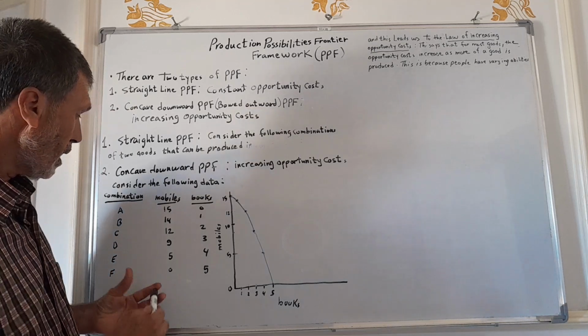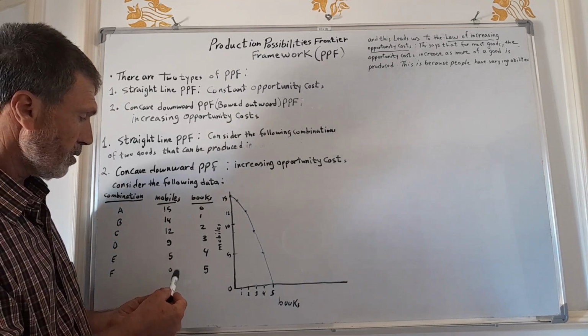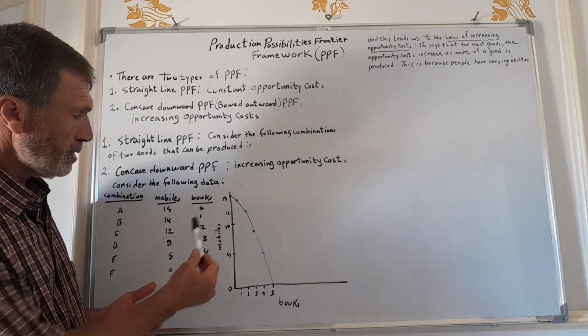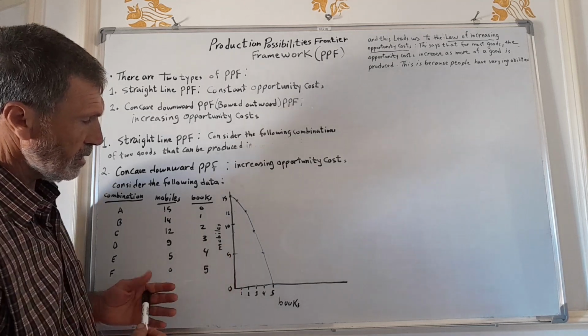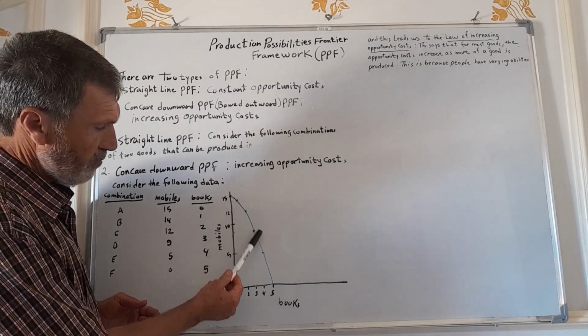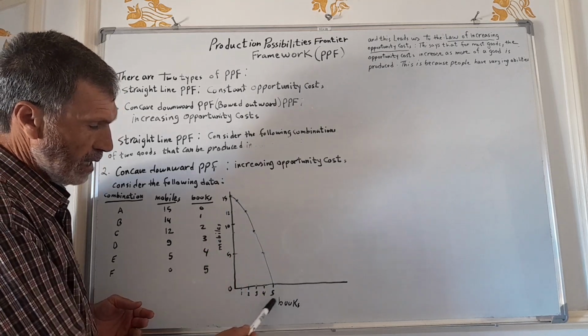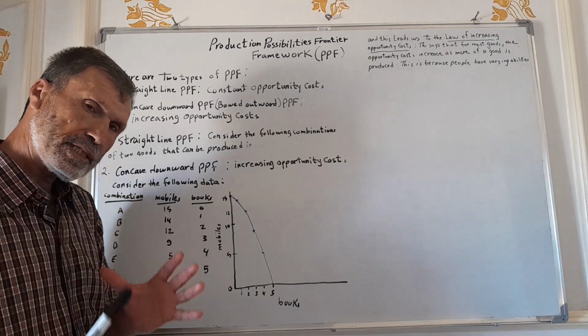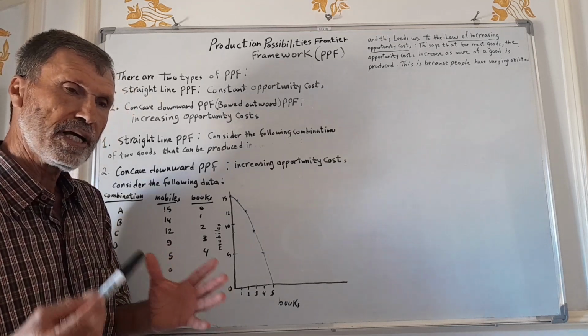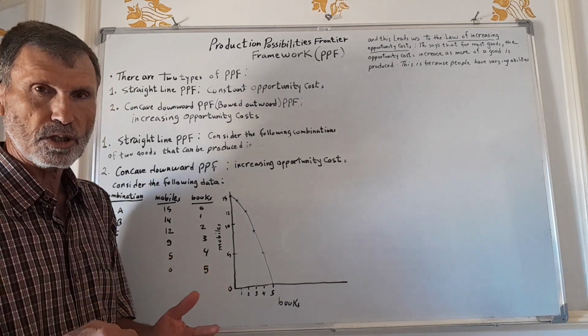Okay, now let's draw this data. The data are drawn here. As you can see, we have a concave downward PPF. So along the vertical axis, we put mobiles, and here books. Now, as you can see, the shape of the PPF depends on the opportunity cost.